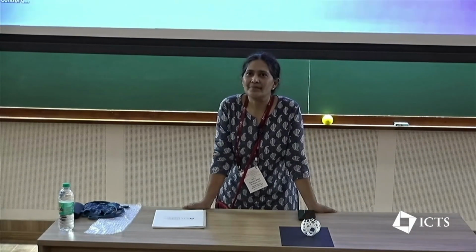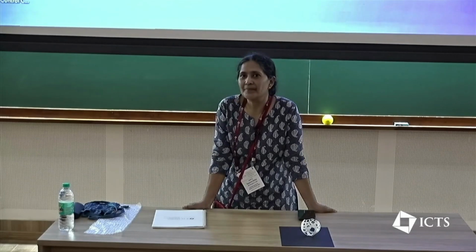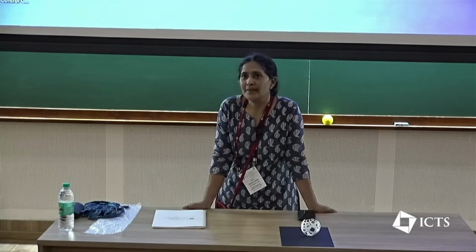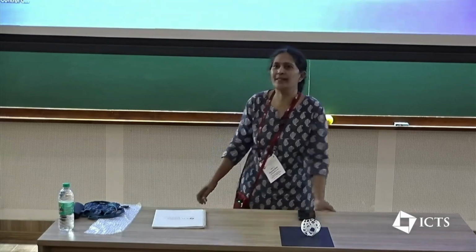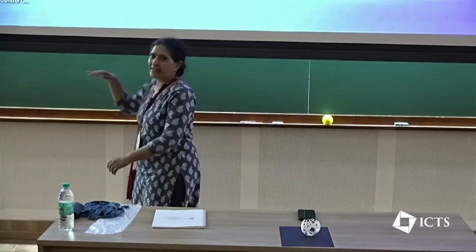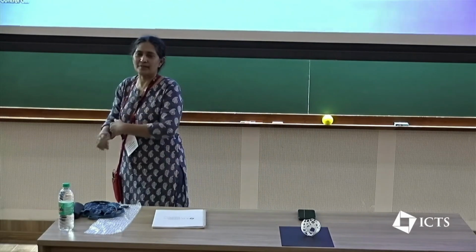So I had one question. There are three flavors in general. So how do you know which two flavors you have to choose? Yeah, they're energetically lower. So electron and I think mu, you restrict to these two.